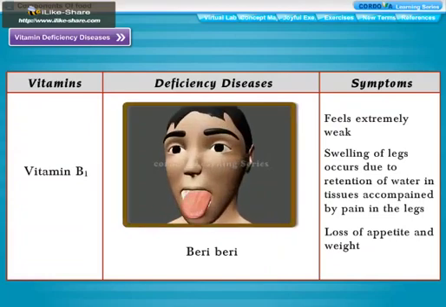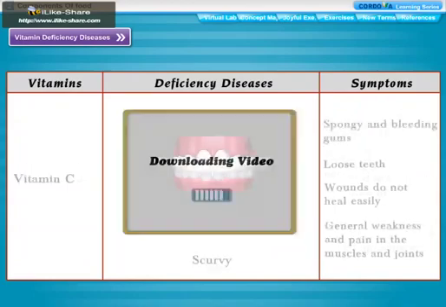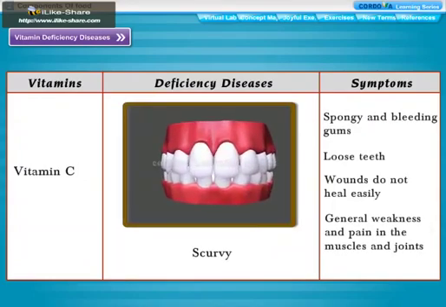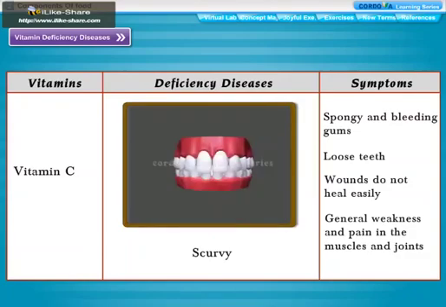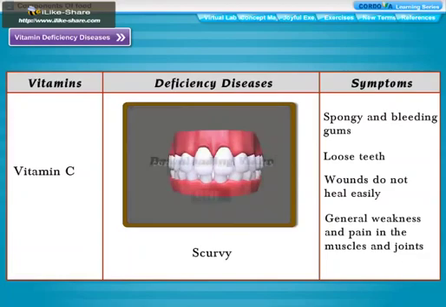Swelling of legs occurs due to retention of water in tissues, accompanied by pain in the legs, loss of appetite and weight. Vitamin C, scurvy, spongy and bleeding gums, loose teeth, wounds do not heal easily, general weakness and pain in the muscles and joints.